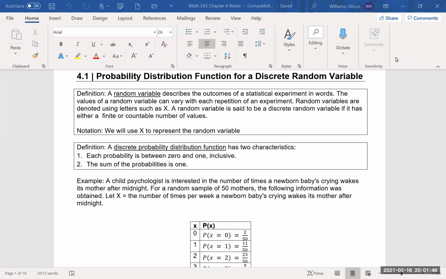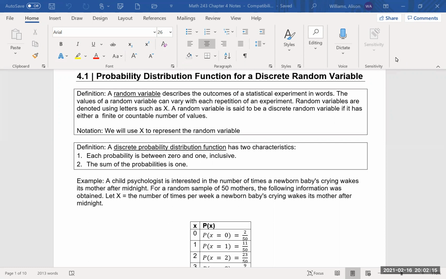A random variable describes the outcomes of a statistical experiment in words. So what we're talking about is we're running experiments, and we often use the letter X to represent the random variable. For instance, we'll jump to this example since it's here on the screen. A child psychologist is interested in the number of times a newborn's crying wakes its mother after midnight.